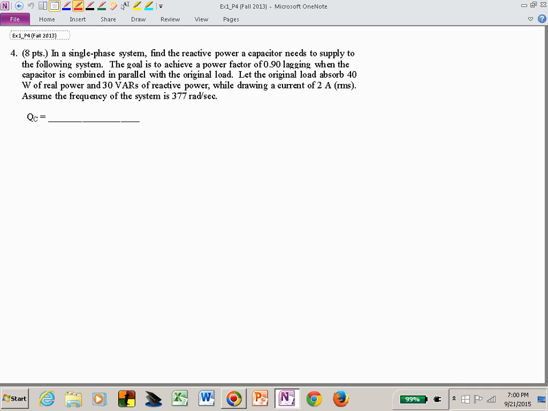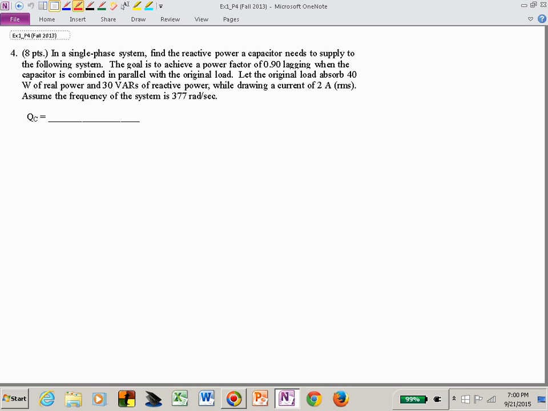It's just a single phase power. In a single phase system, find the reactive power, not the capacitor, but just the reactive power that the capacitor is providing, that a capacitor needs to supply to the following system. The goal is to achieve a power factor of 0.9 lagging, not a power factor of 1.